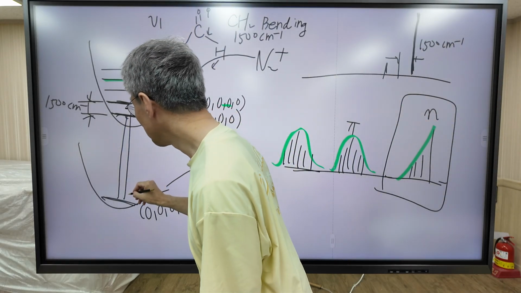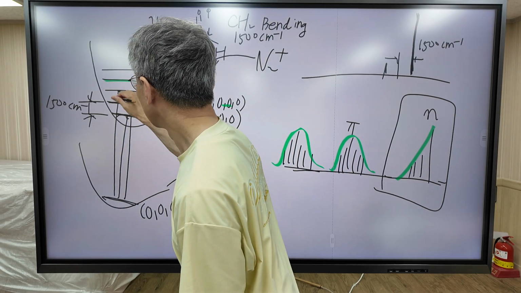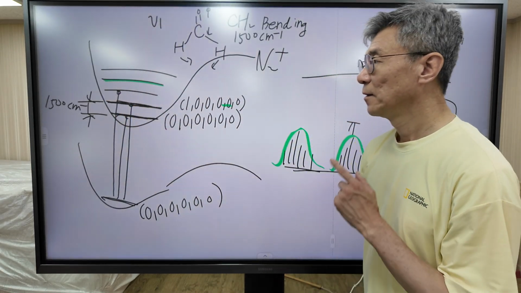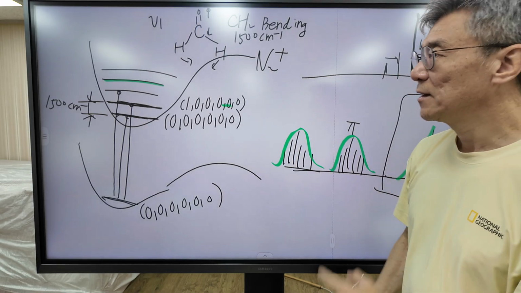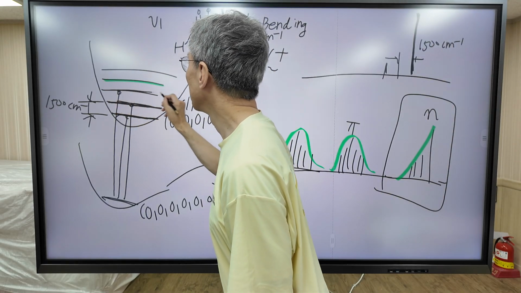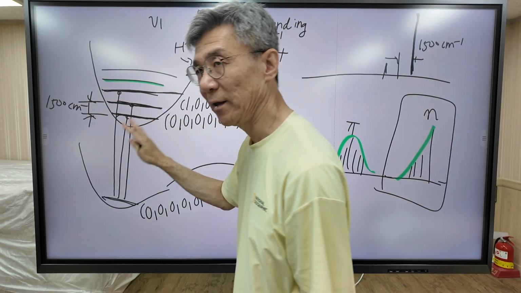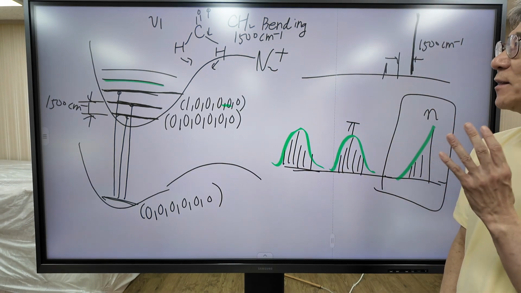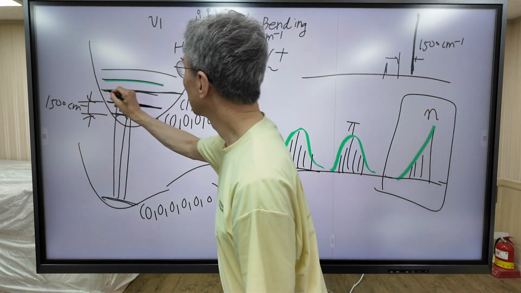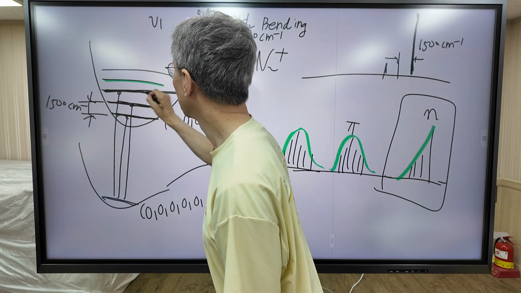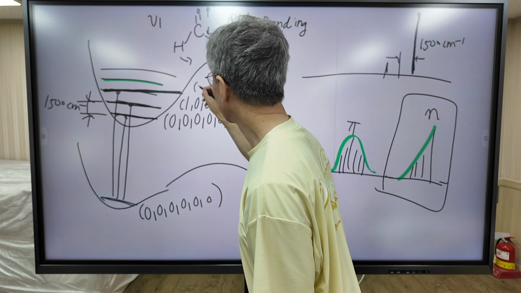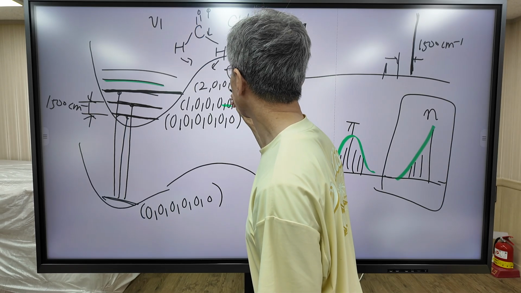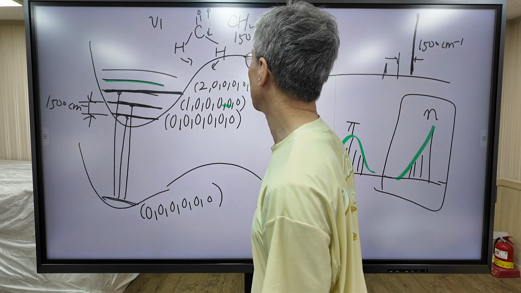Now, second question, we have the second peak here. The second peak corresponds to this transition. My question is, what is the quantum number of this state? I assume that the vibrational quantum number of this state is 2, 0, 0, 0, 0, 0.